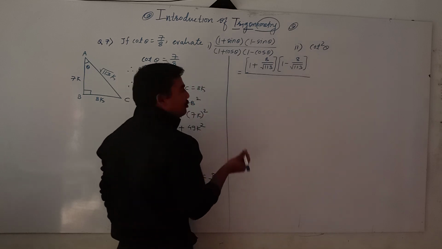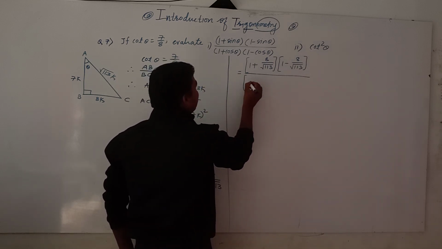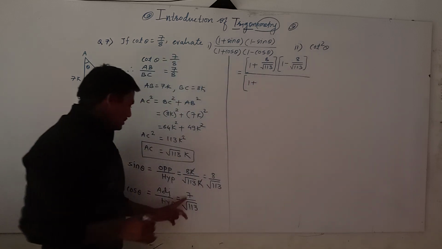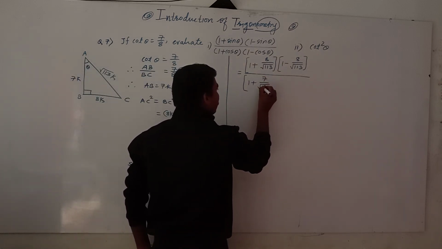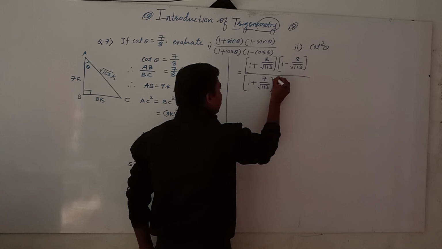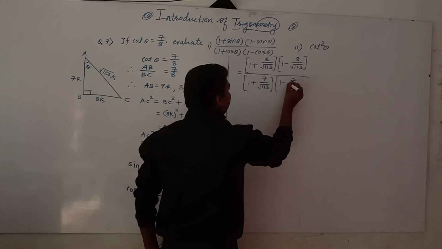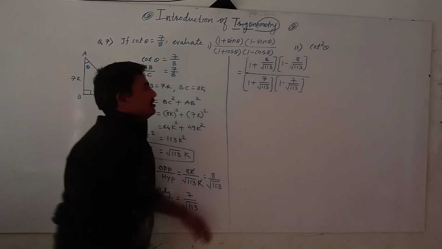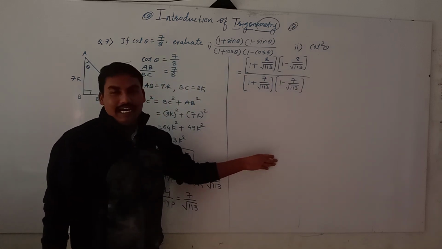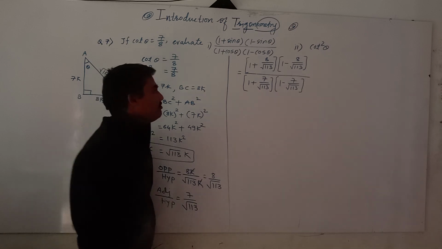Here 1 plus cos theta is 1 plus 7 upon under root 113, and 1 minus 7 upon under root 113. Now we simply have to do the addition and division, which is very simple.